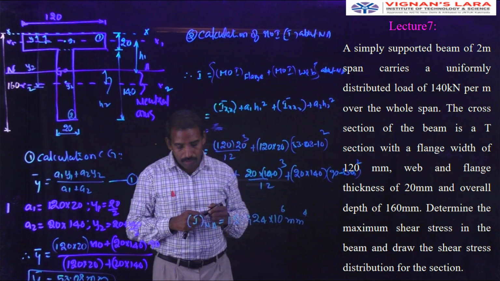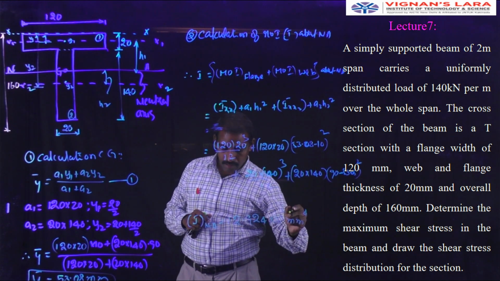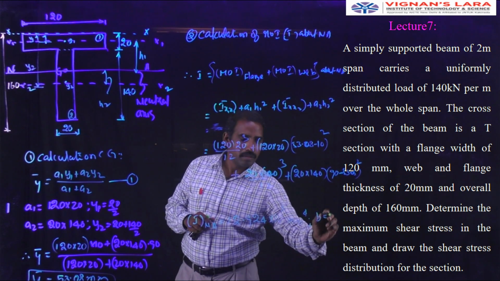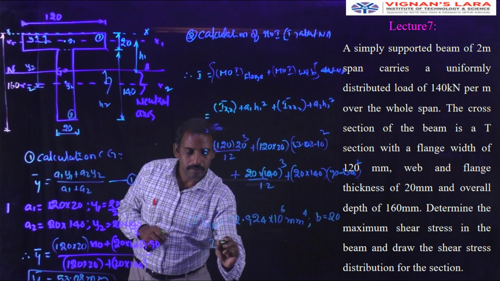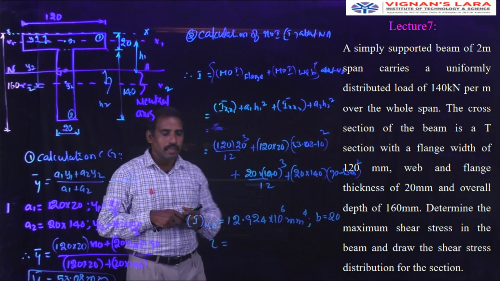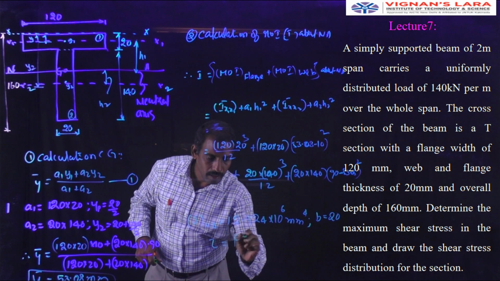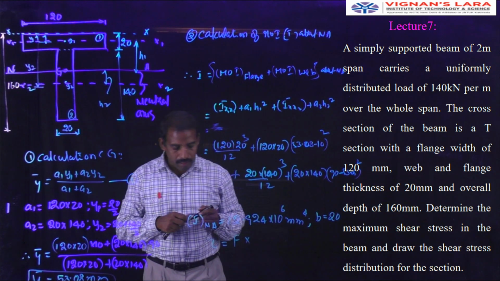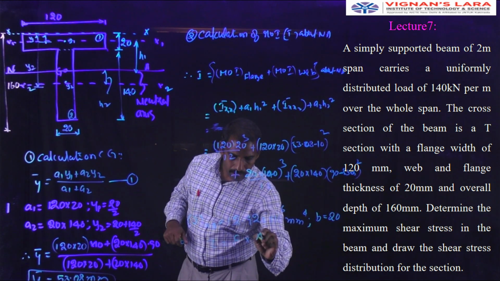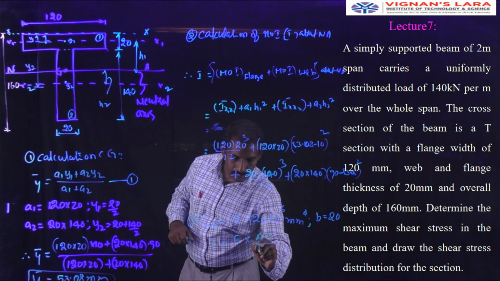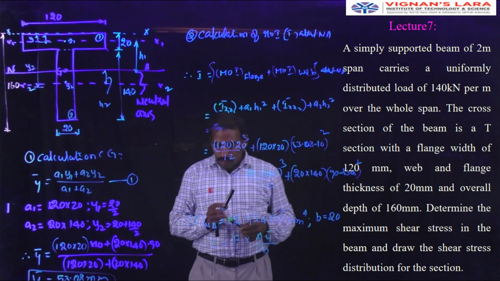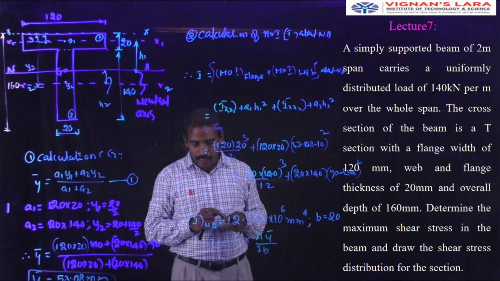I think that we know all the values. So this is say as, and B is equal to 20. We know the equation for determining the shear stress, tau is equal to F into A y bar divided by I into B. What about the shear stress in the flange at the junction of the flange?